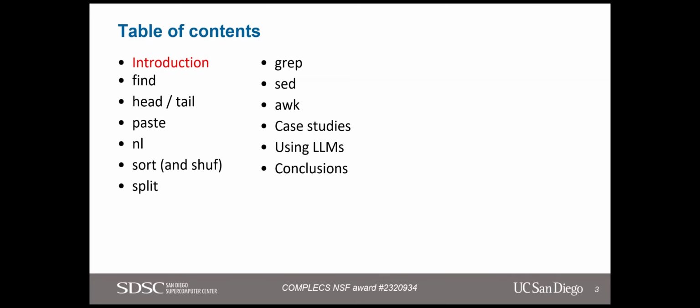Then we'll spend the majority of our time talking about some of the Linux tools we have. This list of tools is actually not random. Unix has about 100 to 150 commands or utilities out there. There's this big range because it depends on the flavor of Linux or Unix that you're using.